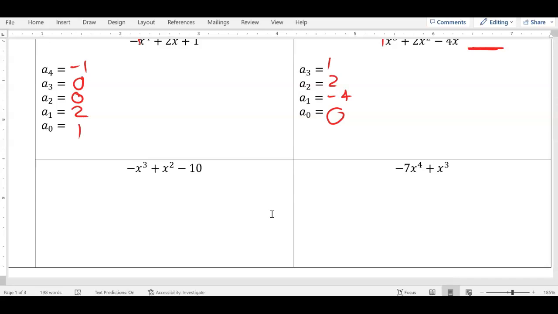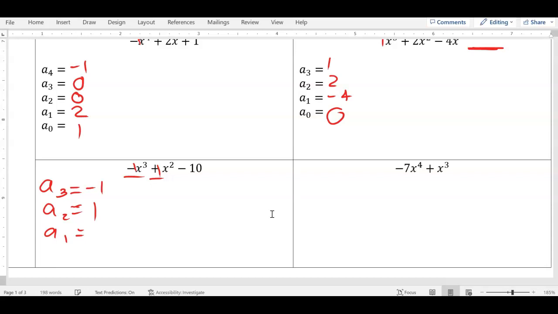No. The highest degree is what? 3, right? So a sub 3 is what? Negative 1. What's a sub 2? Positive 1. What's a sub 1? Not 10. Not even negative 10. Because remember, a sub 1 is x.